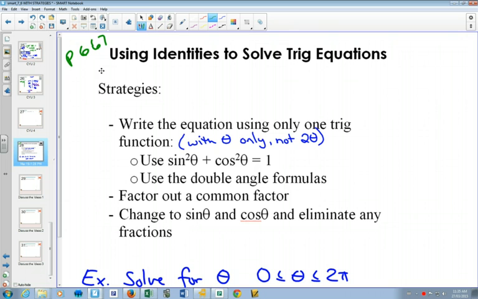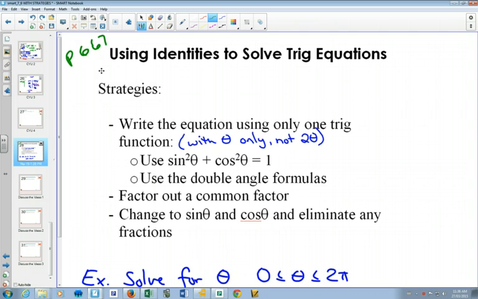It's considered to be more than one trig function even if you have sine theta equal to sine 2 theta, because the angles are different. So we want our equations to have only one trig function and only theta, instead of a theta and a 2 theta.